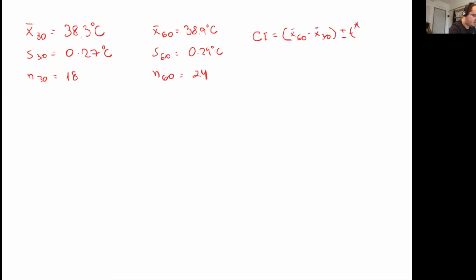Times the S difference, which is just the standard error of the difference. We're going to compute everything. This is where we want to get to, our final goal.